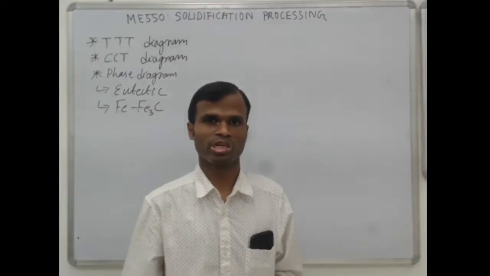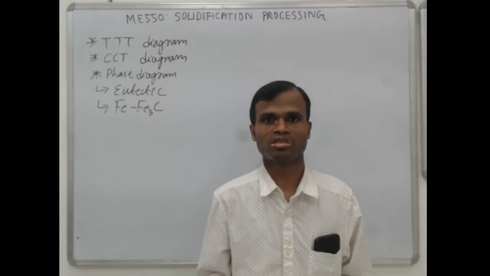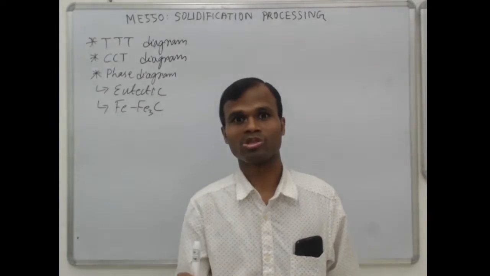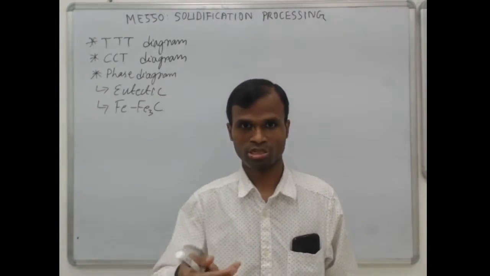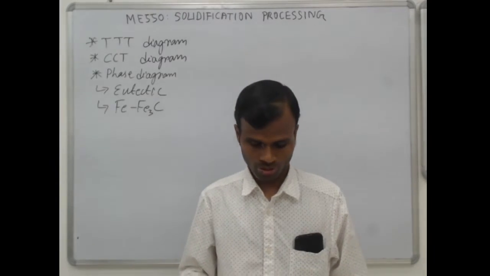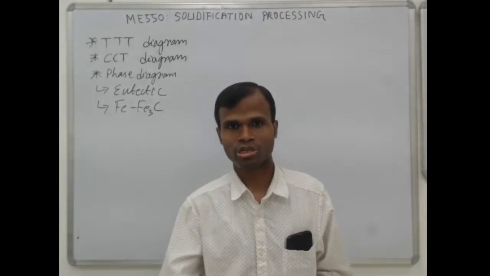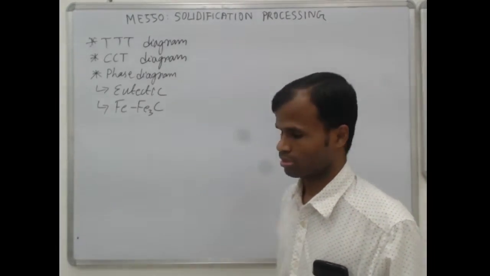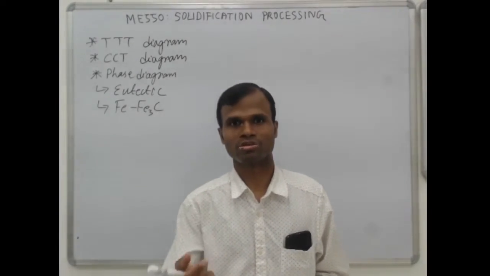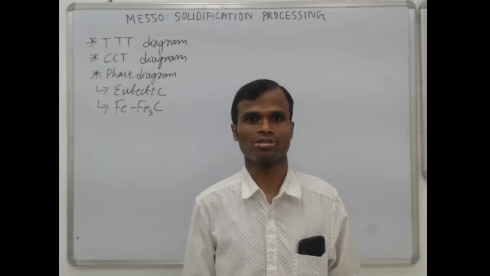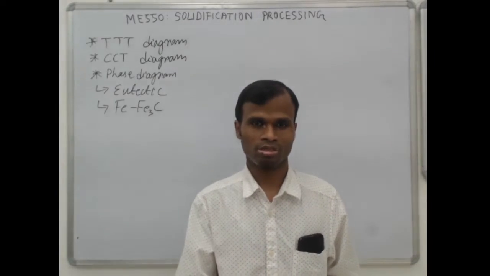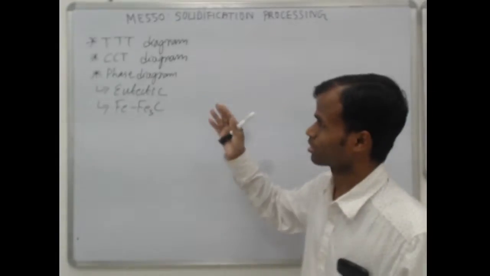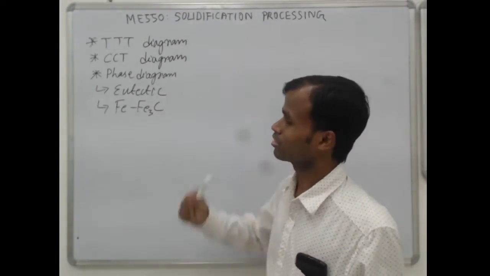The overall composition of a material may remain the same, but the local composition you can vary by doing heat treatment, that we will see. In precipitation also you can change. The phase structure you can change, the crystal structure you can change. So there is a great possibility of changing the mechanical properties quite a lot just by doing heat treatment.